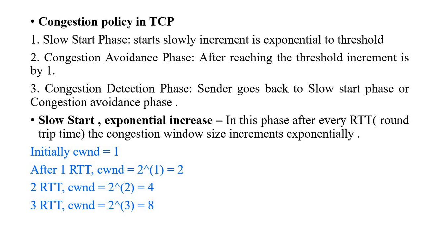The congestion policy in TCP has the slow start phase. Here we start slowly and increment exponentially up to the threshold level. In the congestion avoidance phase, after reaching the threshold, we increment by 1. And in the congestion detection phase, once congestion is detected, the sender goes back to the slow start phase so that we can avoid congestion.